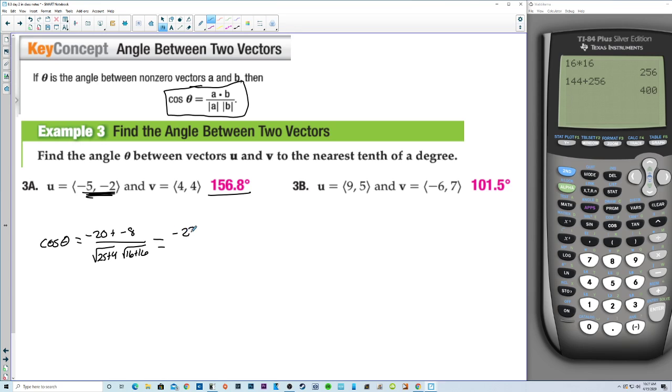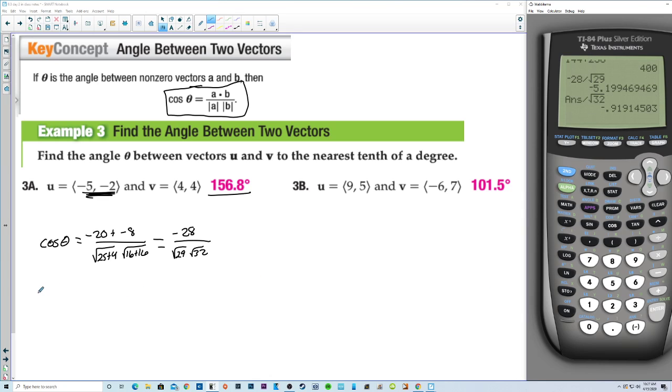That's going to be negative 28 over square root of 29, square root of 32. So negative 28 divided by square root of 29 divided by square root of 32.